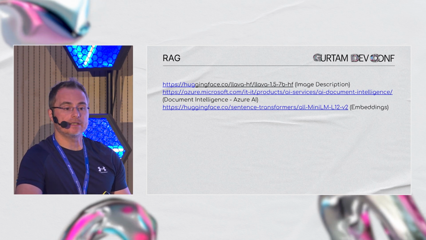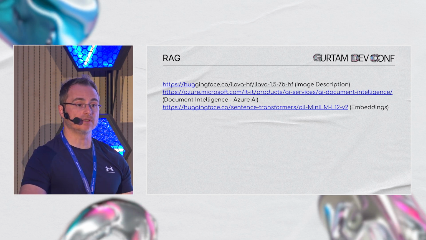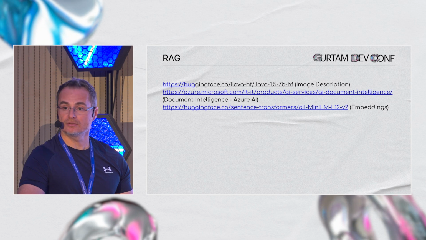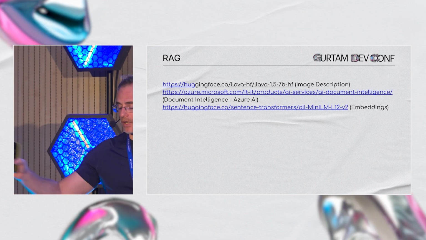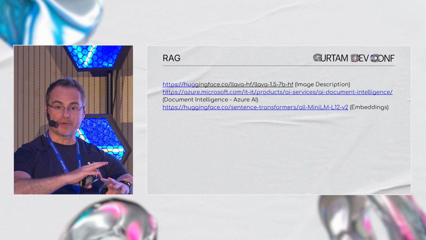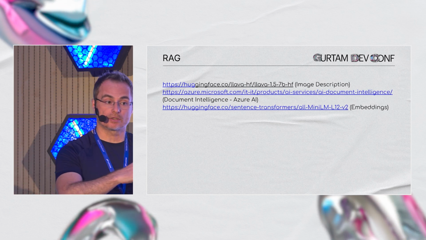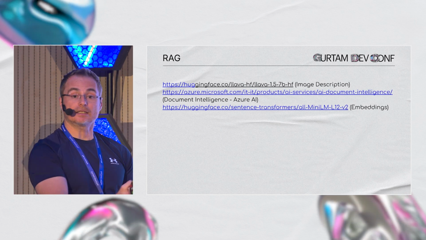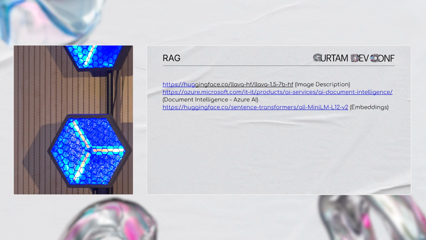So what is the idea? The idea is to use several techniques that retrieve the information from the web, from your database, from everywhere, and compact that input in order to be used in real time as input for your large language models.